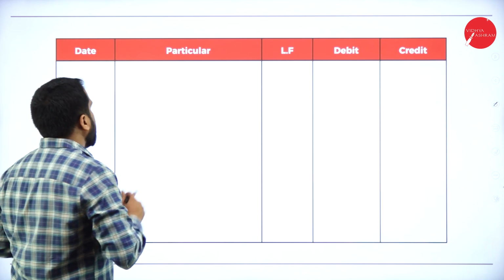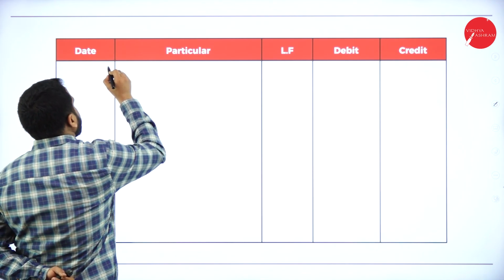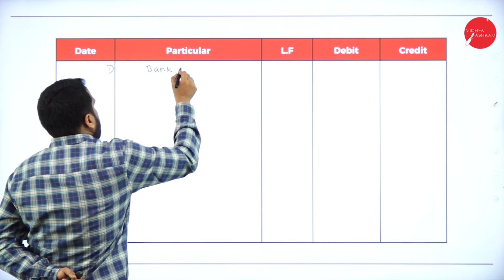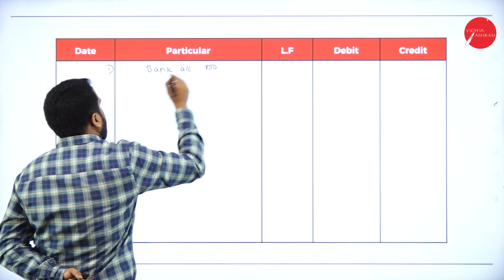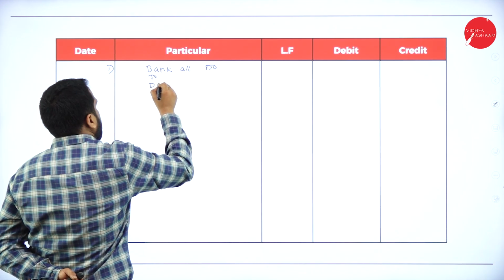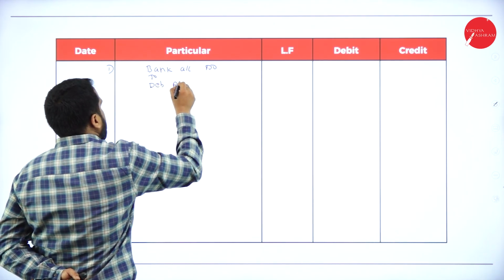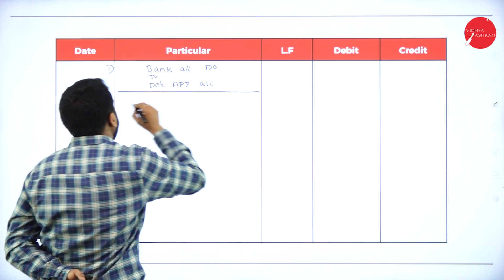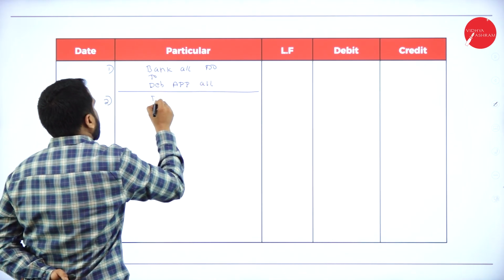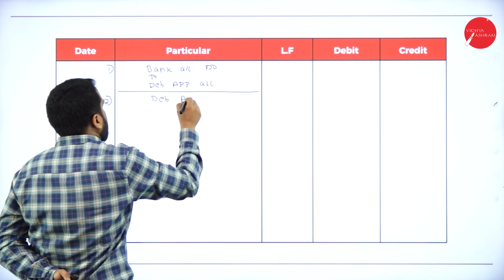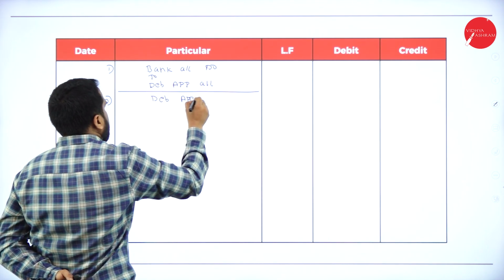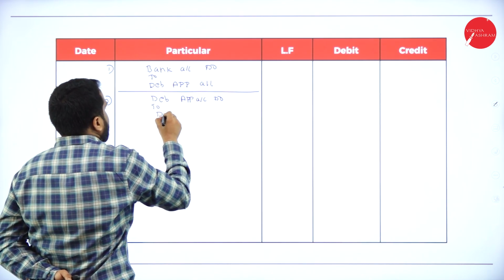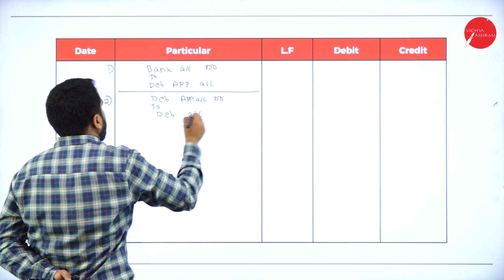Roughly I'll show you. The first entry will be bank account debit to debenture application account. First one. Second one, debenture application account debit to debentures account.